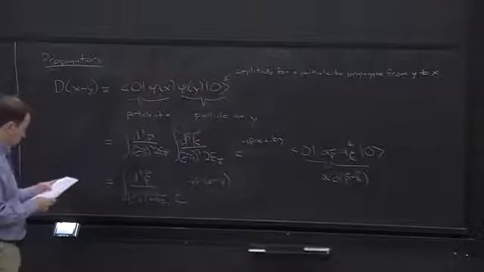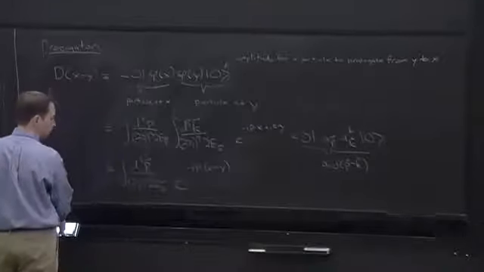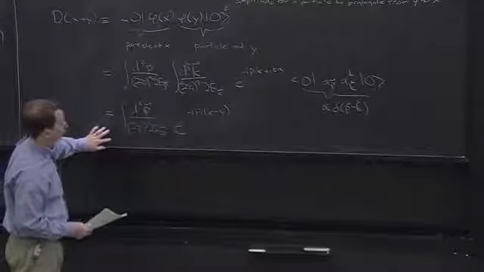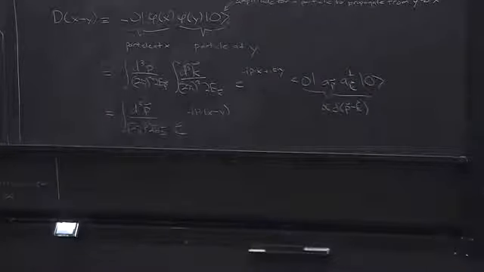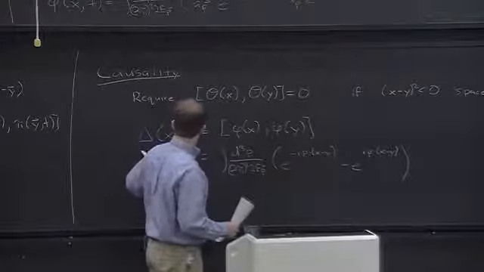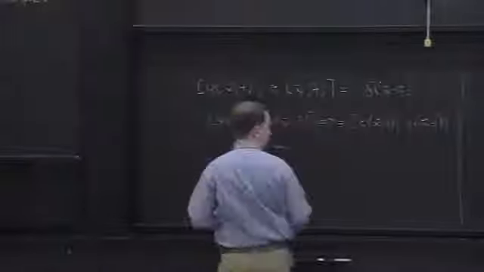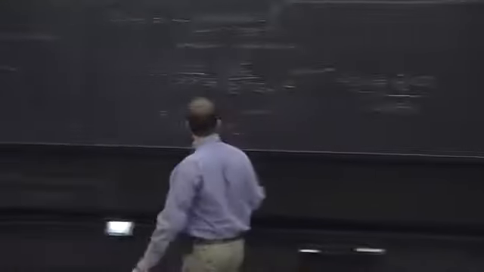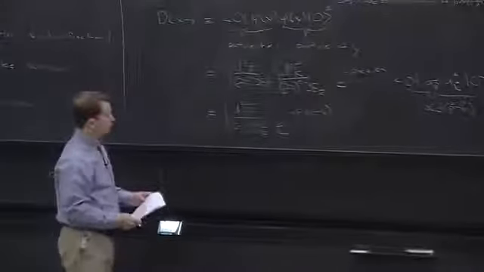Okay. And so this is just 1 term in our result for the commutator. And we'd get the other term if we just switched x and y with the minus sign.